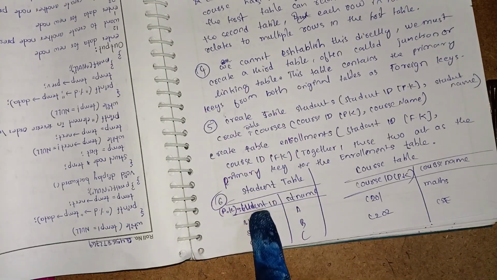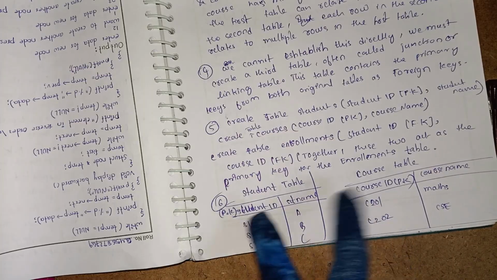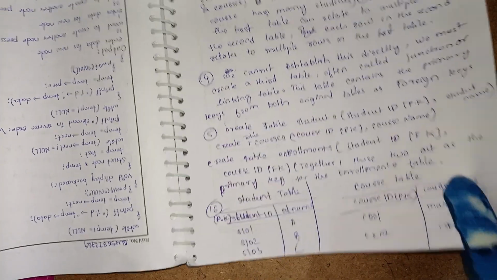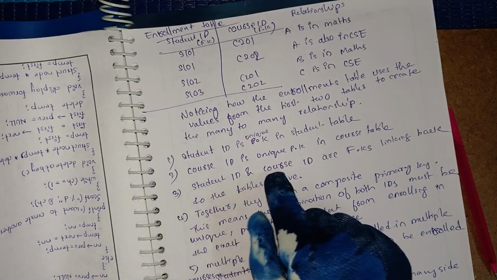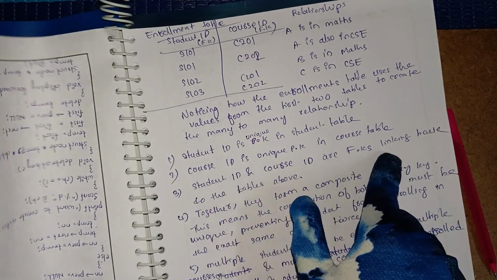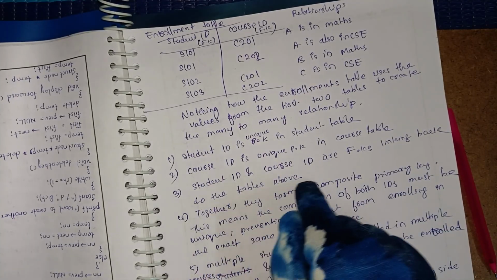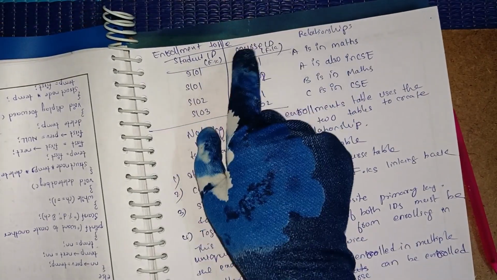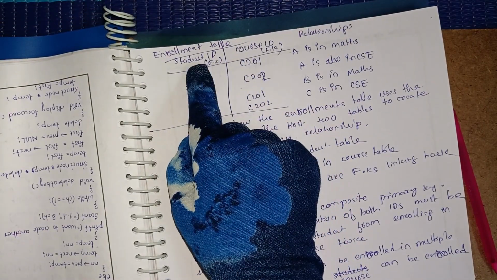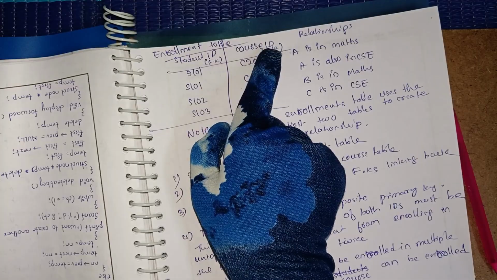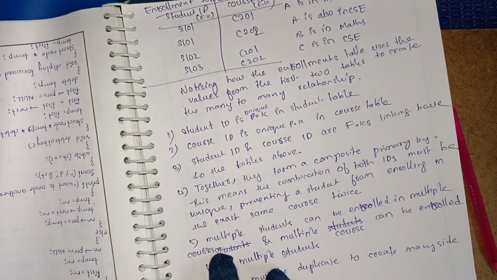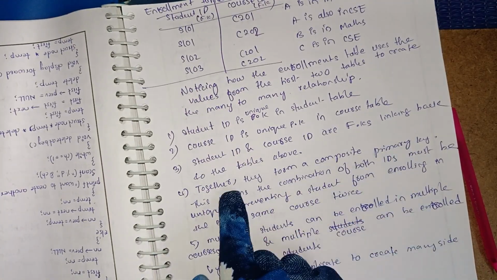Student ID and course ID are foreign keys linking back to the tables above. The enrollment table contains the foreign keys student ID and course ID, so together they form a composite primary key.